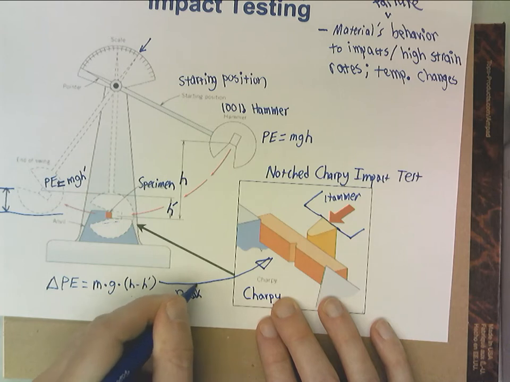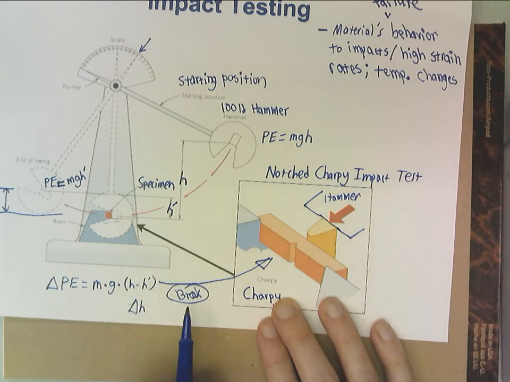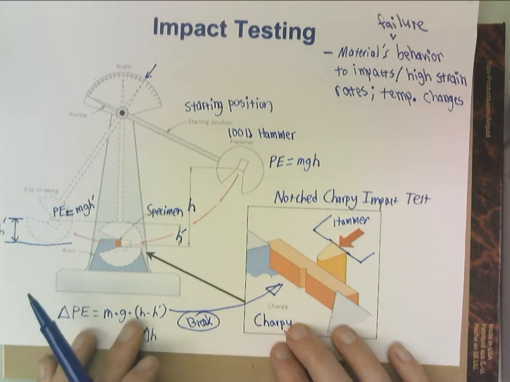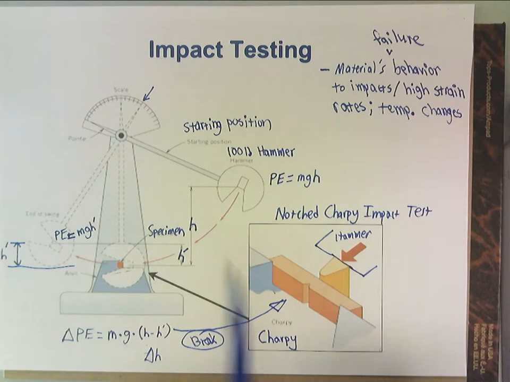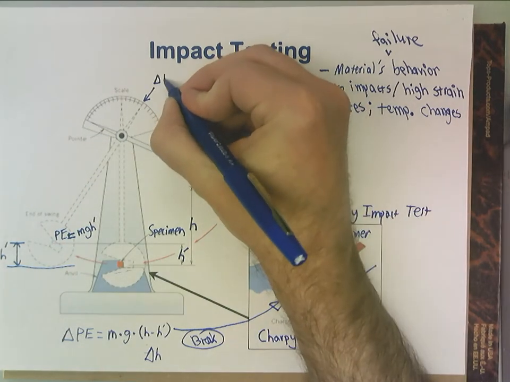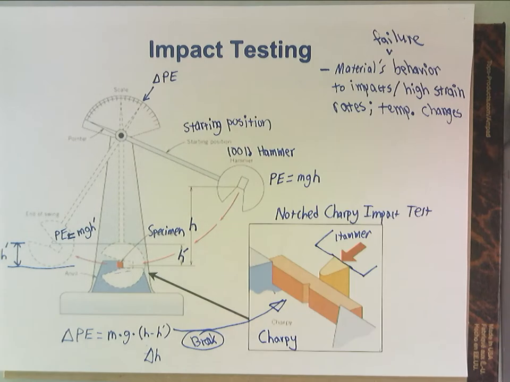We're checking the energy to break that specimen really by calculating the change in potential energy. What is this scale up here on the machine doing for us? It's giving us change in potential energy. That energy is our energy to deform and break our specimen.